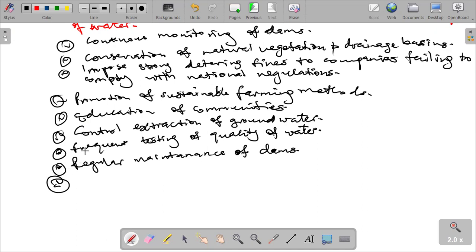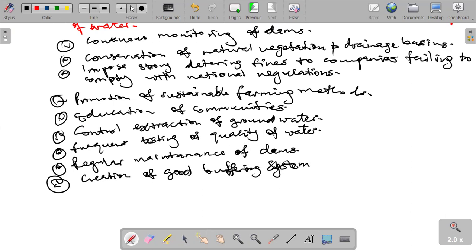Is it a buffering system or a buffering zone?